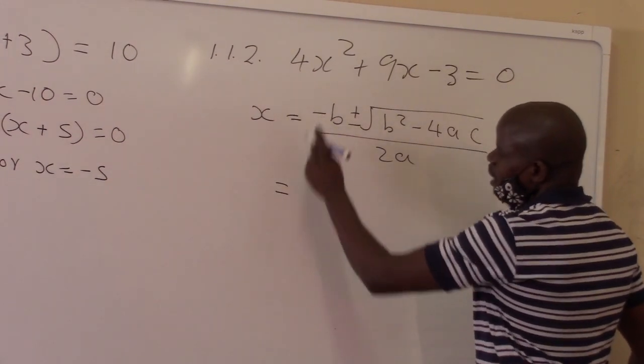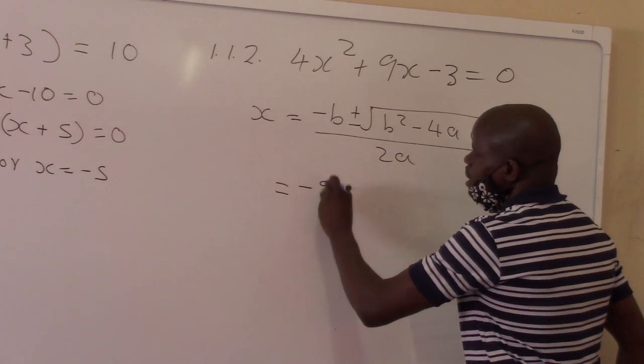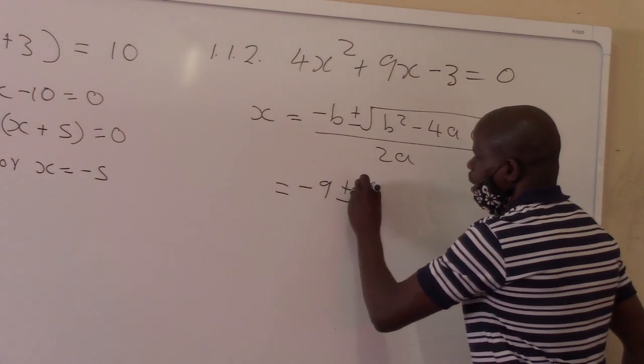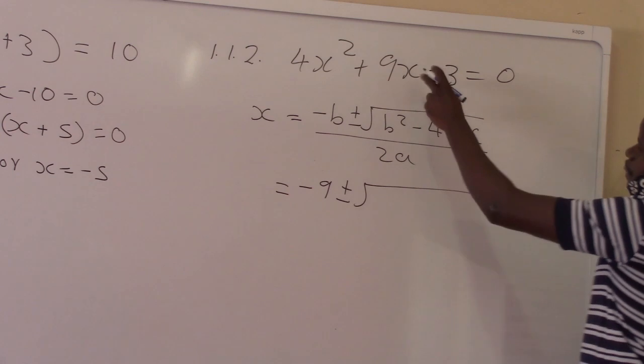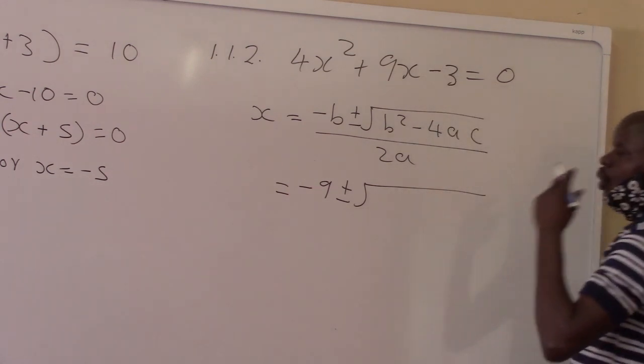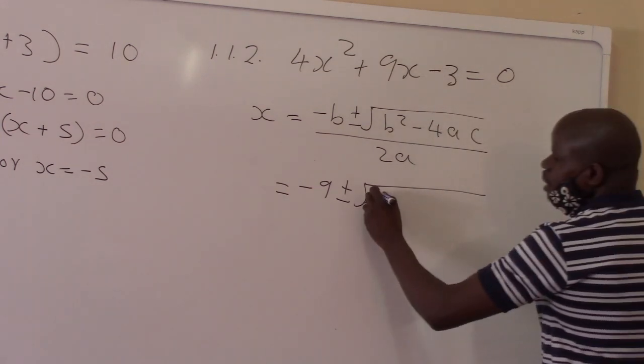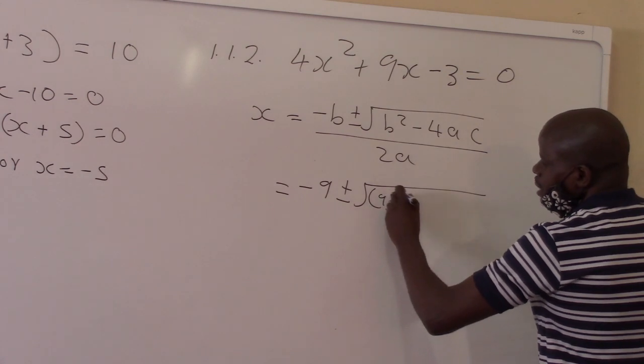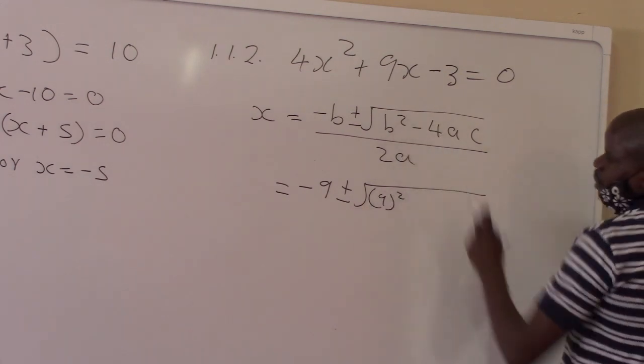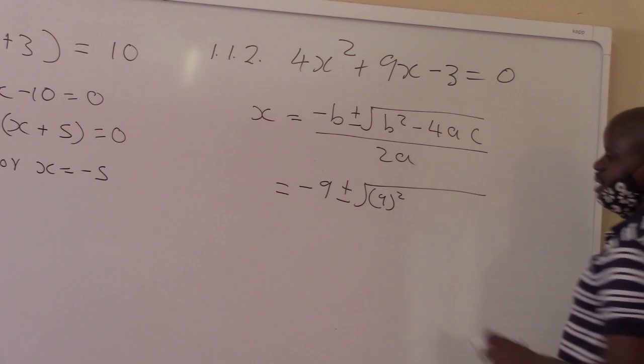Our B happened to be positive 9. Because of that negative there, we'll still say minus 9 plus or minus, then the B again is still 9. So get used to writing that in brackets and then you say square, because sometimes it will come as a negative.